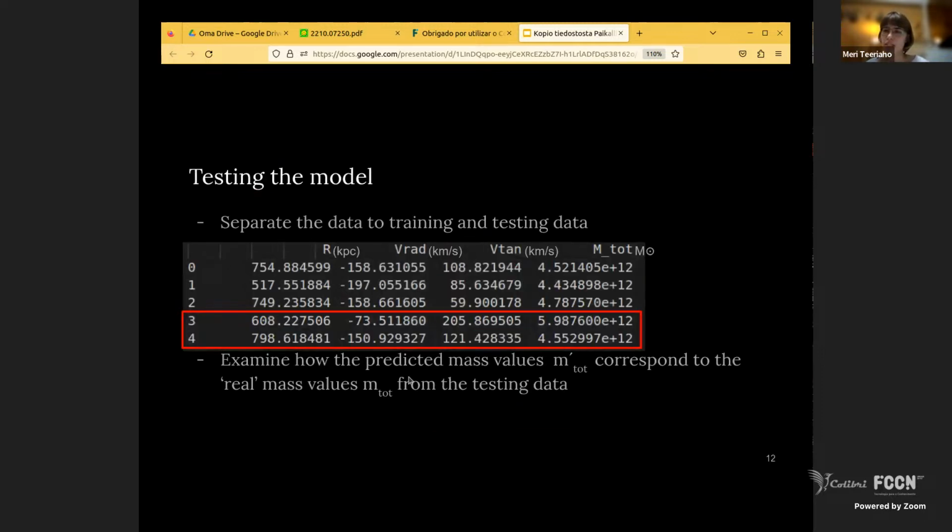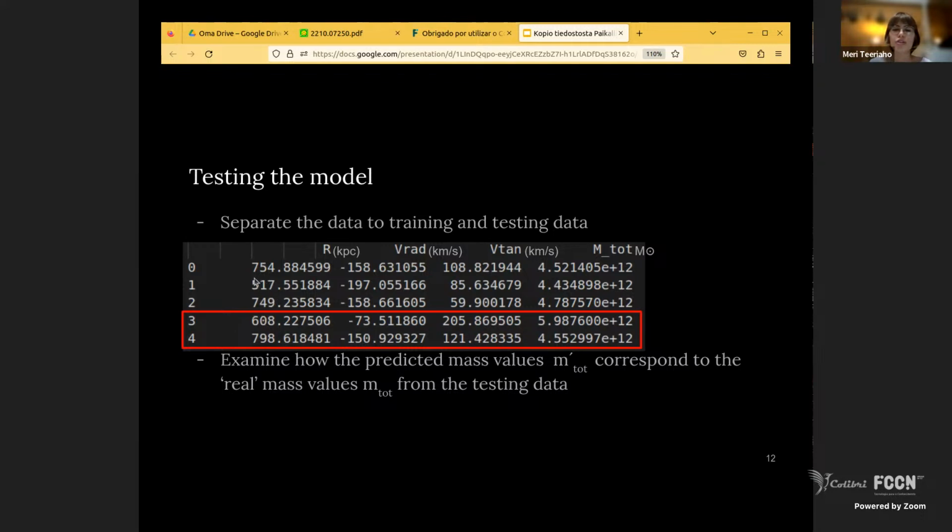We can also test the model before we really use it to produce results. We can separate the data into training and testing data. So this upper part is for training data, and the data in this red box is the testing data.